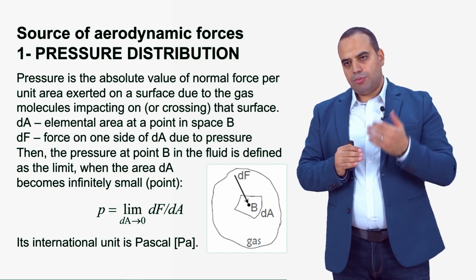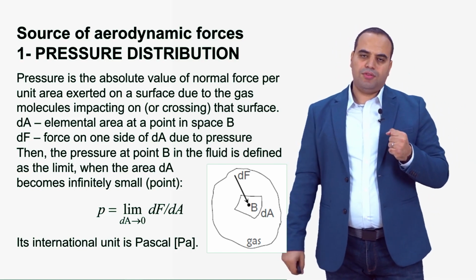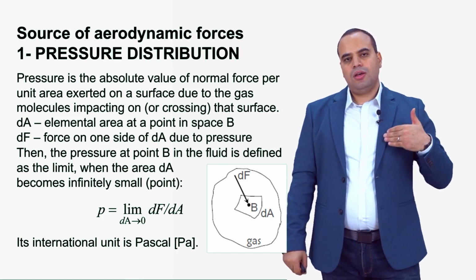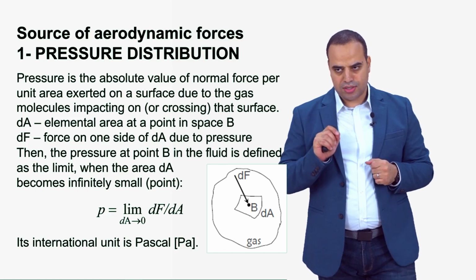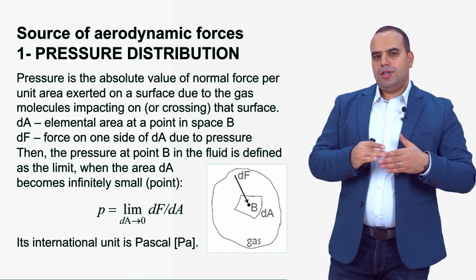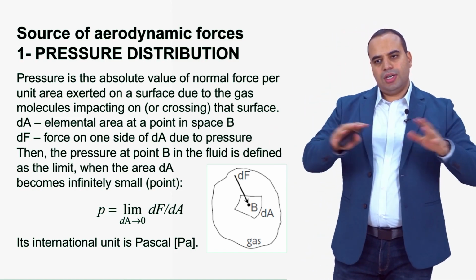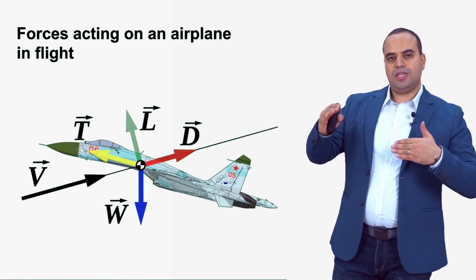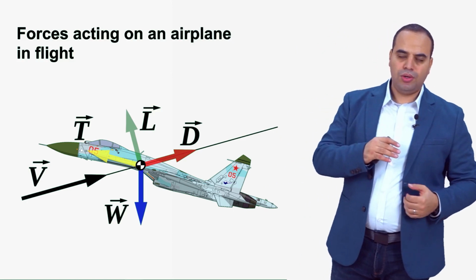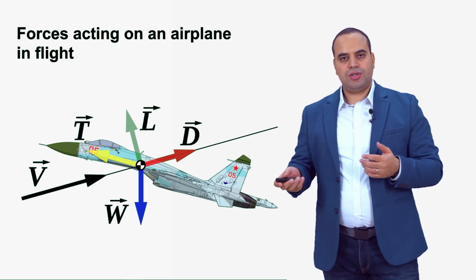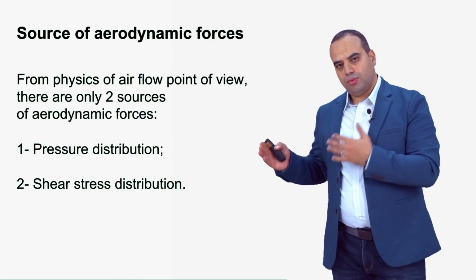So at every point of space, we have a value of the pressure, which shows how much force is exerted on the surface at exactly this point. And if we sum up all of the points of the aircraft, for example, the pressure exerted on a certain point is going to be more or less, and the pressure distribution is going to result in a certain force, right?